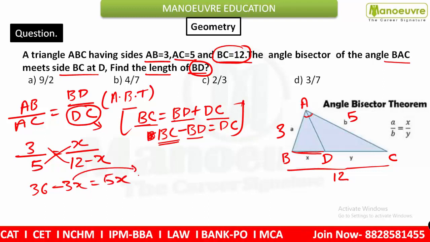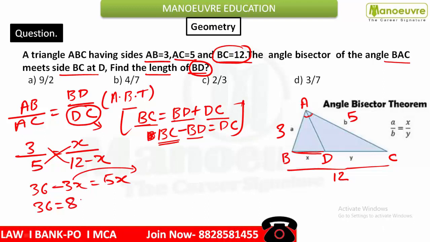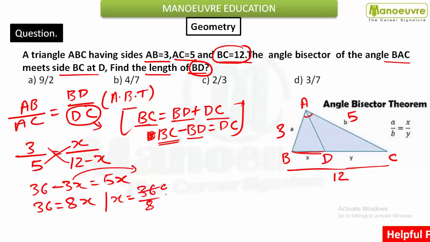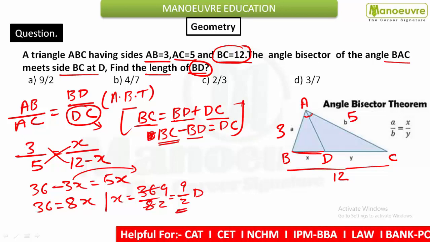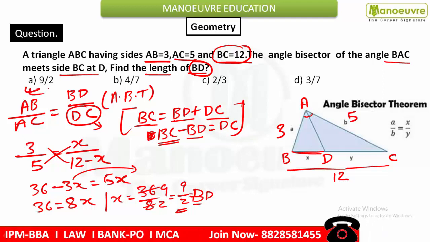If you take 3x this side, I can say 36 is equal to 8x. So x is equal to 36 by 8, and that is 4 9s and 4 2s. So 9 by 2 will be your answer. That is BD. So you can say your option A is the answer.